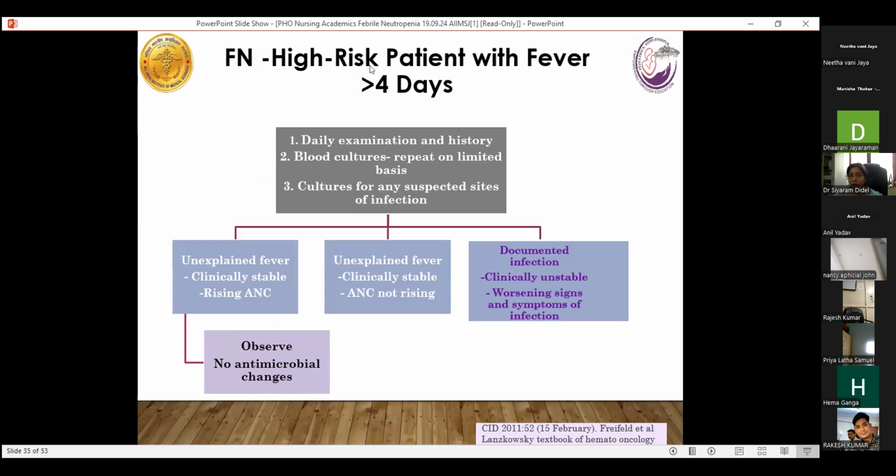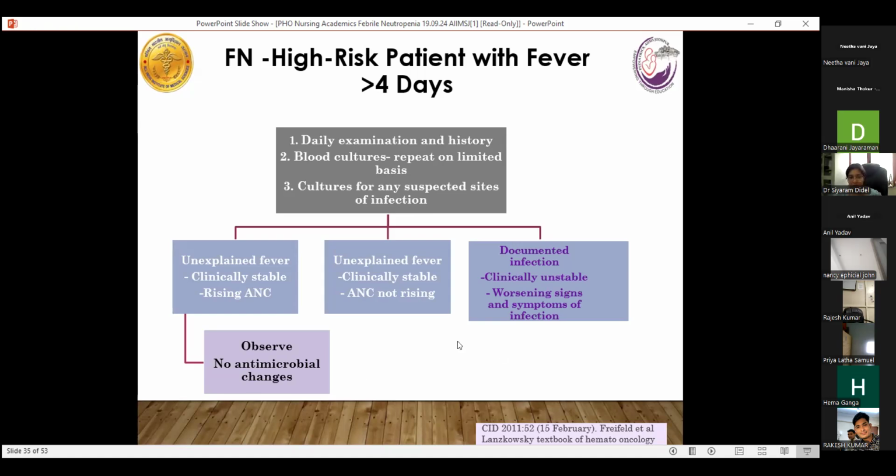Now, if a febrile neutropenia patient has been classified high risk and the fever is persistent even after 4 days, we should do a daily examination and the history should be reviewed. Repeat blood culture should be sent. Cultures for any other suspected sites should be sent.